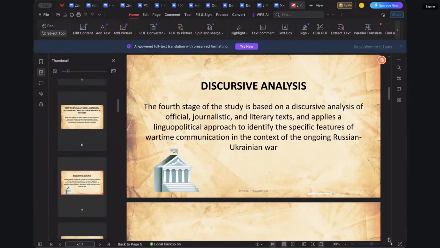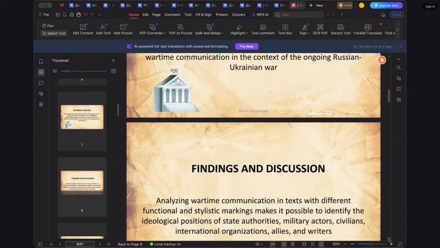This is the final stage of the study and is based on discursive analysis of official, journalistic and literary texts and applies a linguistic approach to identify the specific features of wartime communication in the context of the ongoing Russian-Ukrainian war.